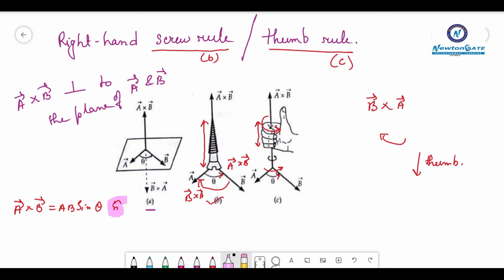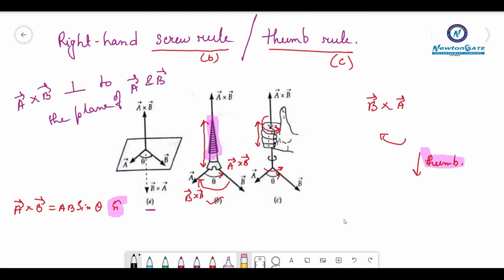The direction will be given by the thumb for the right hand thumb rule, and by the screw for the right hand screw rule. These are the rules and how to find out the direction.